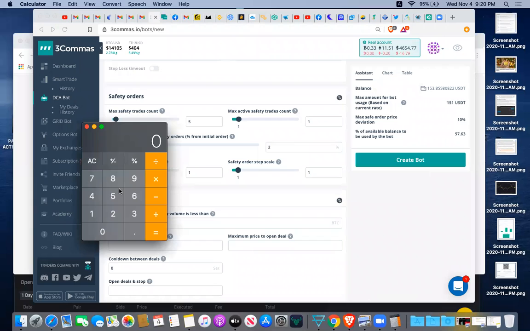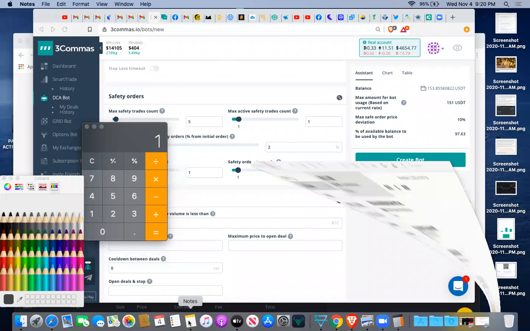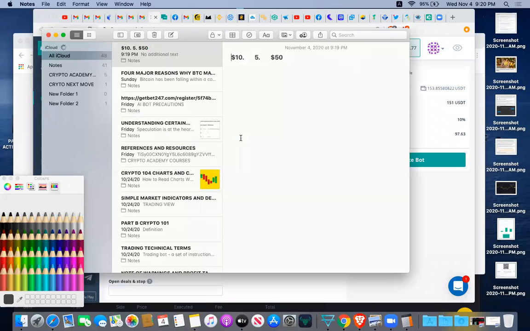All right, 2% of $50. $50 multiplied by 0.02 is $1. So 2% of $50 is $1, which means when the bot sells, you have $51.